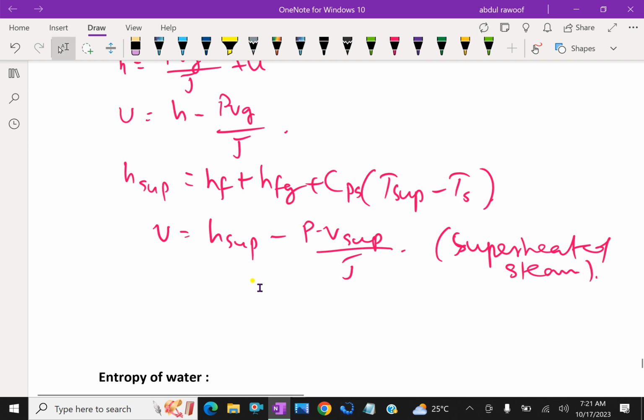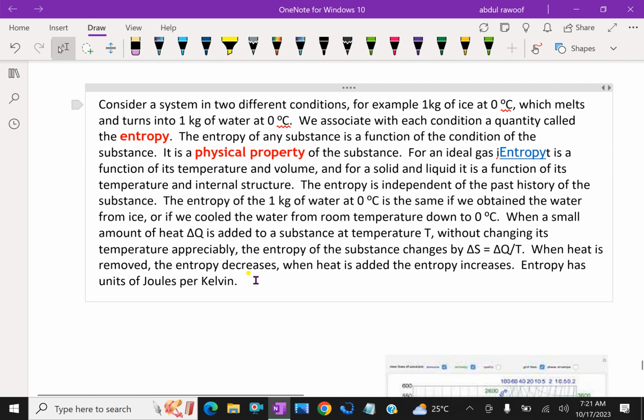Next, entropy of water. Consider a system in two different conditions. For example, 1 kg of ice at 0 degrees Celsius melts and turns into 1 kg of water at 0 degrees Celsius. We associate with each condition a quantity called the entropy. The entropy of any substance is a function of the condition of the substance, its physical property.